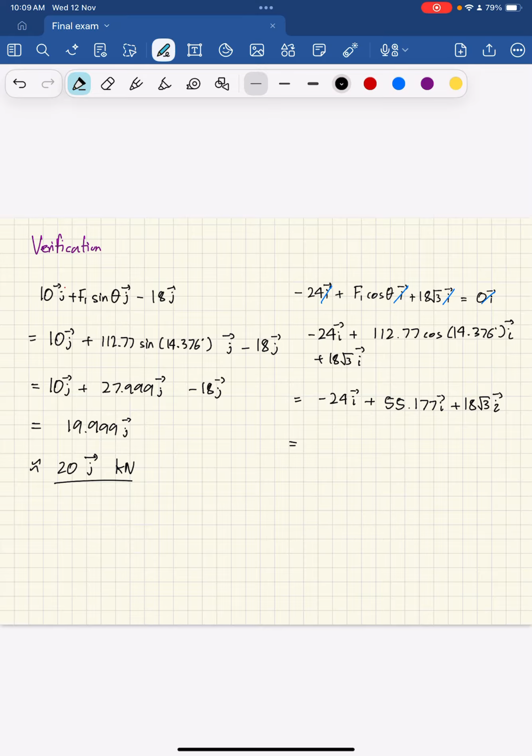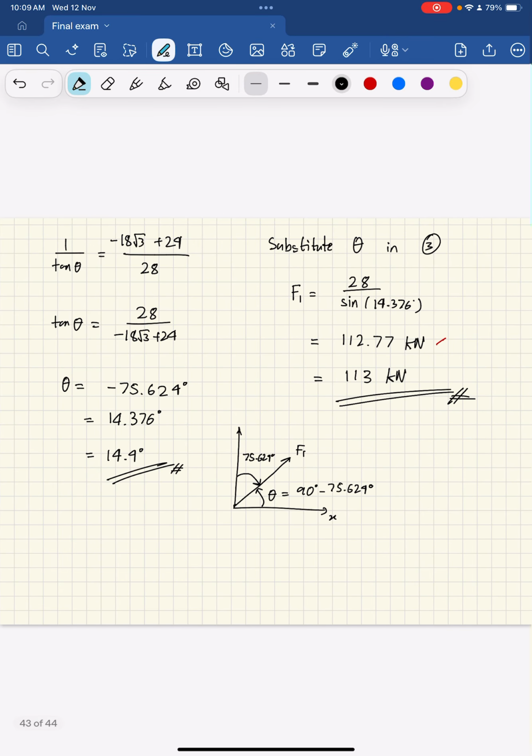How much is it gonna be? 109.24i. Negative 24 plus 18 root 3. Wait, something is not right here actually. Let me see, why is it not correct?